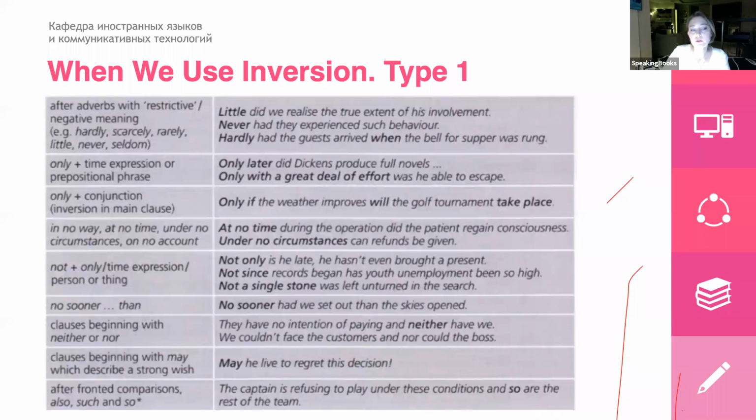Not only, not since, not a single stone was left unturned. No sooner than. This is pretty much it about the first type of inversion, in which situations we need to change the word order, to put the auxiliary verb before the subject.